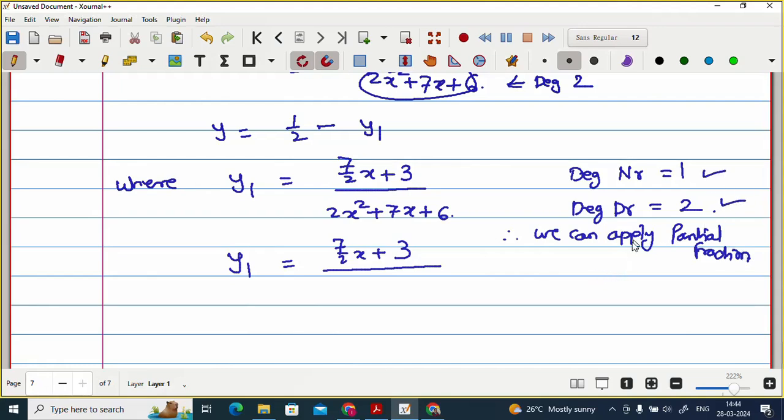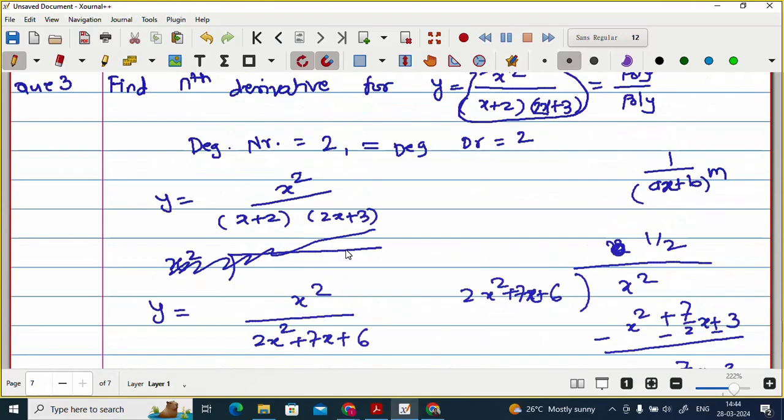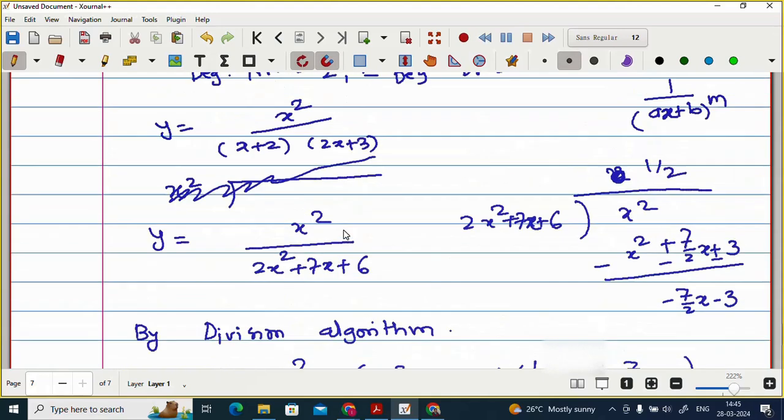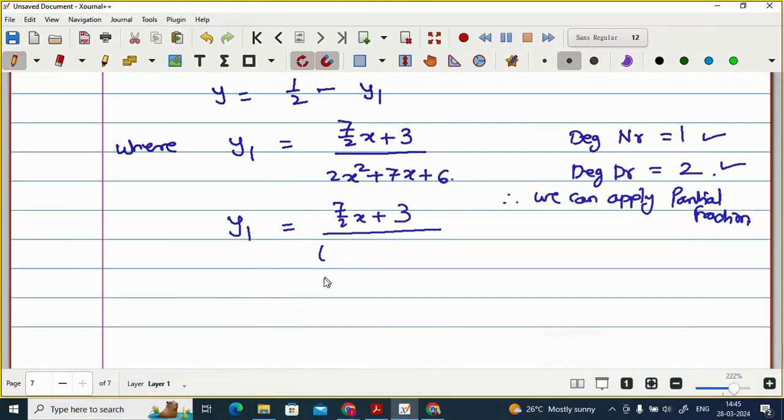Now before applying that partial fraction, do we have the factors of denominator? Denominator is 2x square plus 7x plus 6. So its factors are the same, x plus 2 into 2x plus 3. We had written it by multiplying the same. So the factors of denominator are x plus 2 into 2x plus 3.